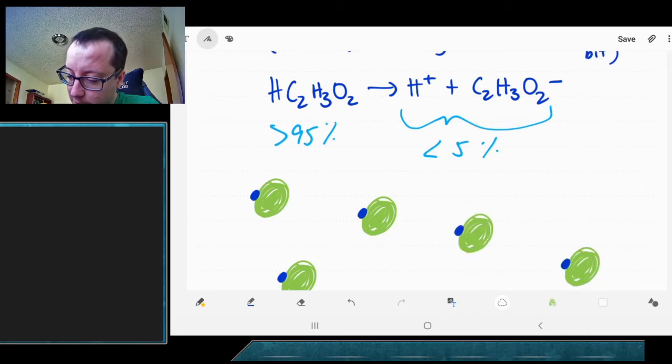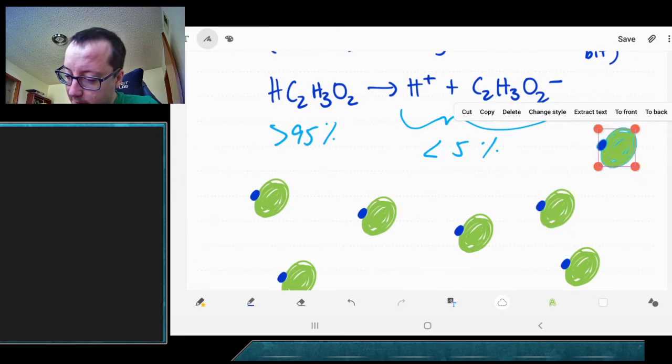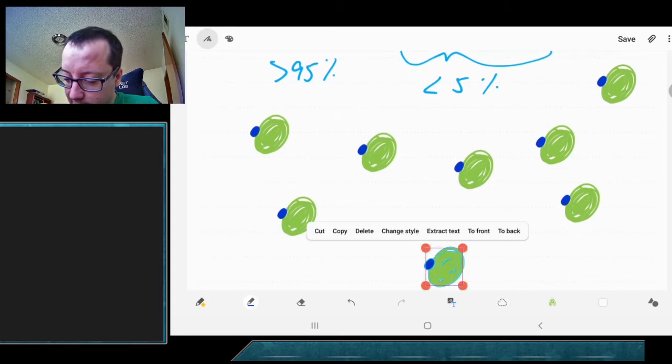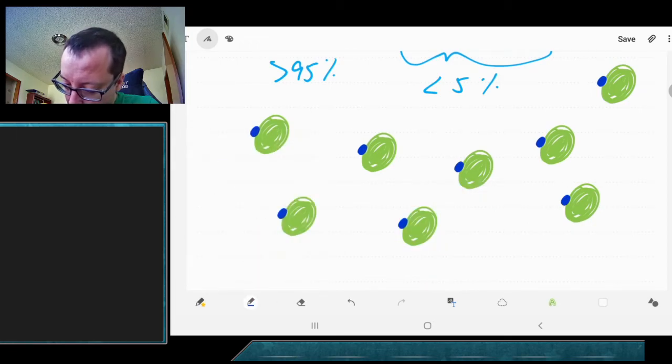If we were to just kind of take a look at this in solution, we'll say that that blue thing is the hydrogen and the green thing is the acetate. This is what it would probably look like in solution.